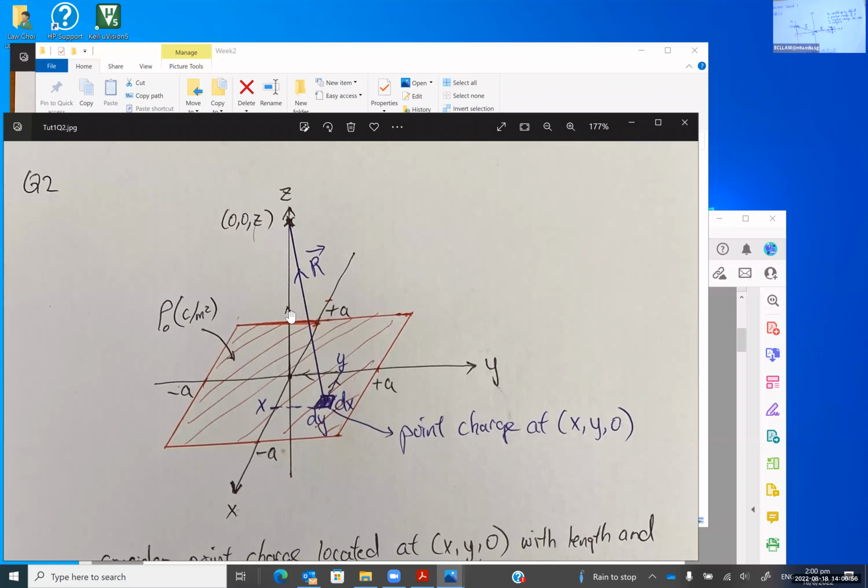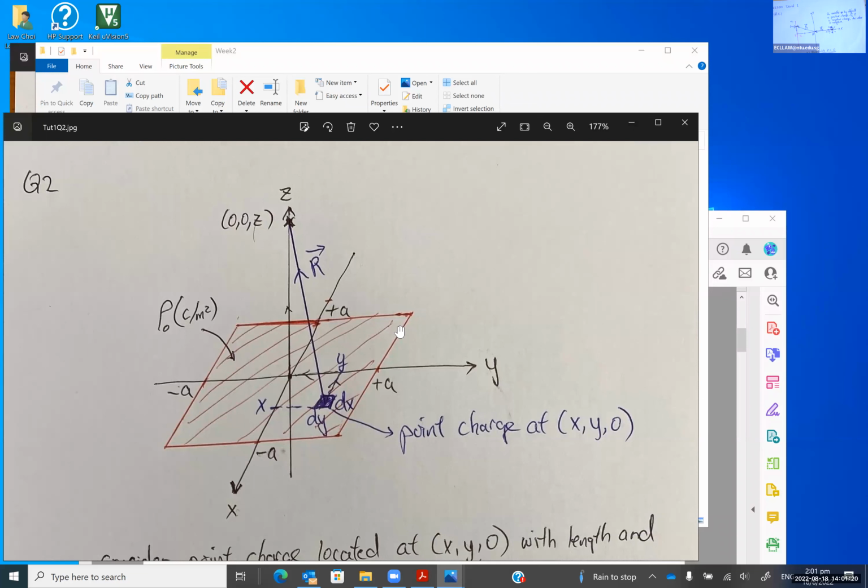We have a conducting plate centered at the origin, length 2a on each side. So x will vary from plus a, by the way I labeled this incorrectly, so it should be plus a, all the way to minus a. The one behind is x equal to minus a. And y varies from plus a to minus a here.